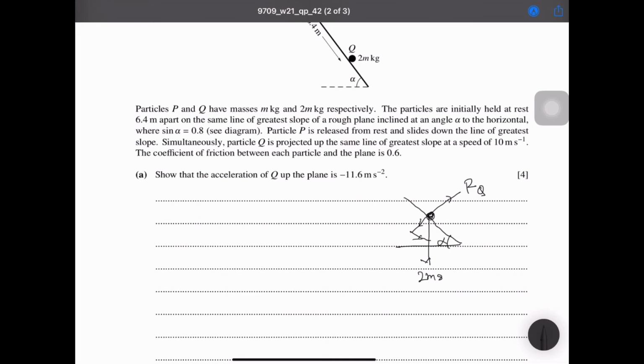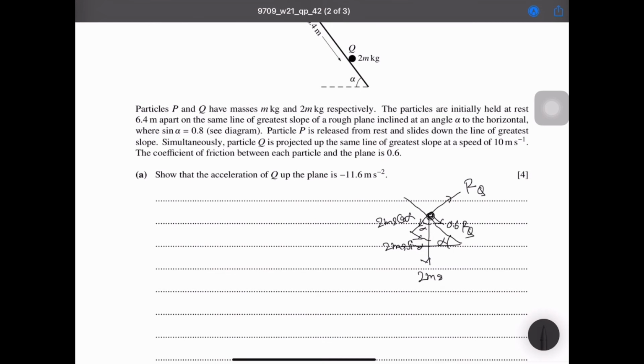Since this angle is alpha, this must also be alpha. So 2mg cos alpha and 2mg sin alpha. Since Q is going up the plane, there will be friction 0.6 RQ.